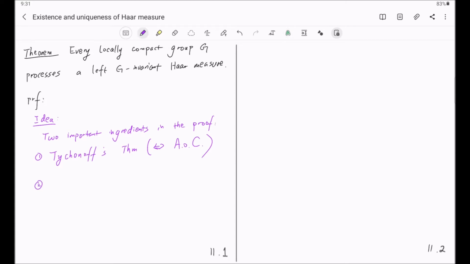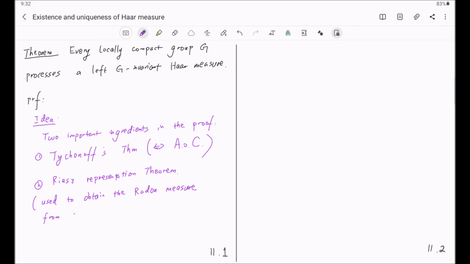And the second ingredient is the Riesz Representation theorem, as I mentioned at the very beginning. The Riesz Representation theorem will be used to obtain the Radon measure, which will serve as our Haar measure.